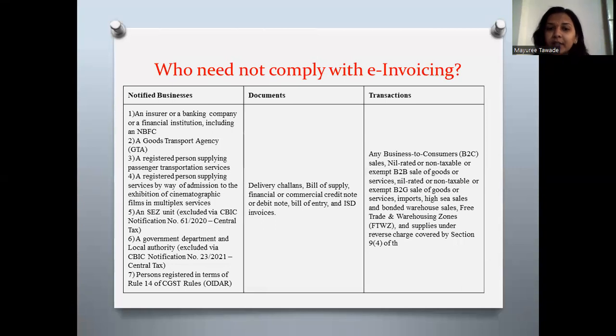As for documents, the ones they need to comply with are delivery challans, bills of supply, financial or commercial credit notes or debit notes, bills of entry, and ISD invoices.